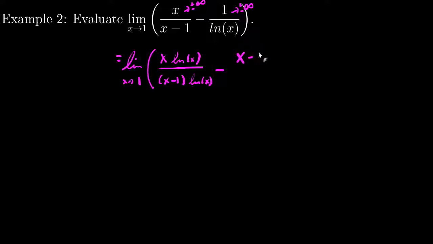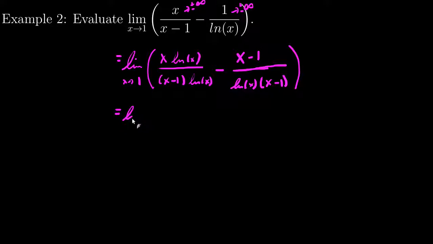So I get x minus 1 over natural log of x times x minus 1. And I'm going to actually distribute through. I think it's a little bit easier to work with that way. You don't have to if you don't want to. And get this in terms of one fraction.